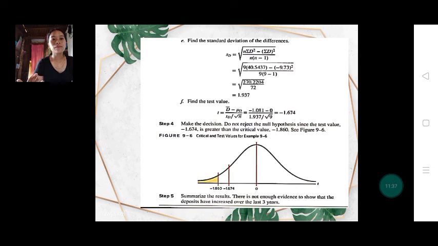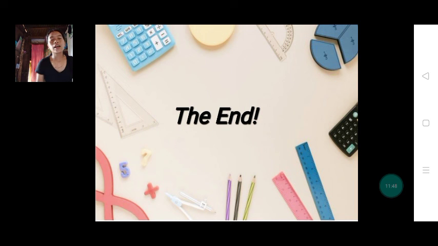So there is not enough evidence to show that the deposits have increased over the last 3 years. So atong sa atoang problem na prove na to nga there is not enough evidence.